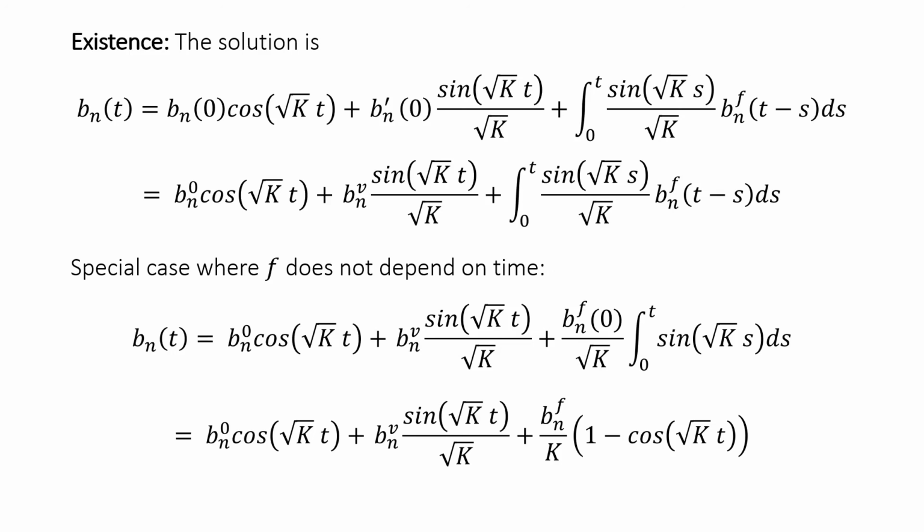We can explicitly compute the last integral, and therefore we get the following form for the last term: the constant b_n^f divided by k multiplied with 1 minus cosine(√k t). In particular, what we can tell from the last formula is that if the forcing term f does not depend on time, then the solution will be periodic. It's just a superposition of cosine and sine functions.